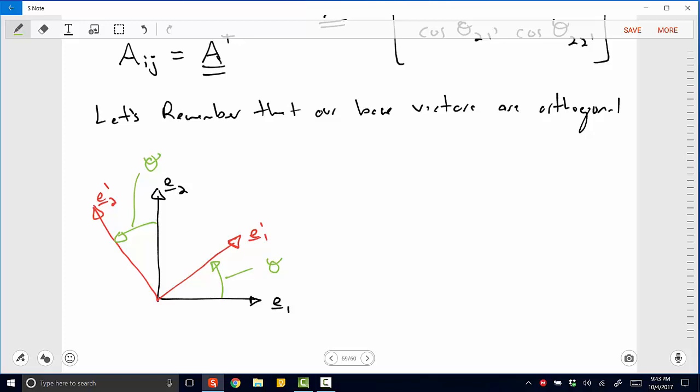And then if E1 and E2 are 90 degrees with respect to each other, we can find the angle between E2 and E1 prime as 90 degrees minus theta. The last angle we need is from E1 to E2 prime, this full angle here, which is simply equal to 90 degrees plus theta.